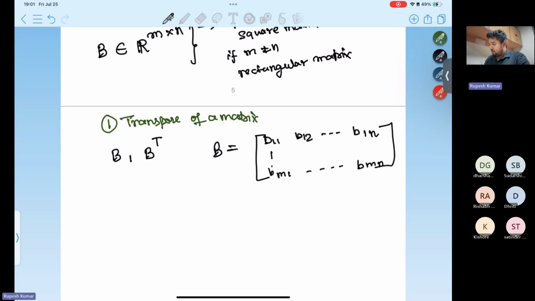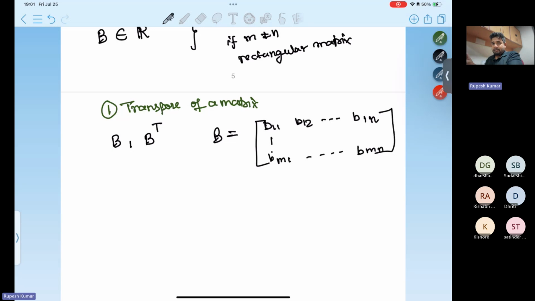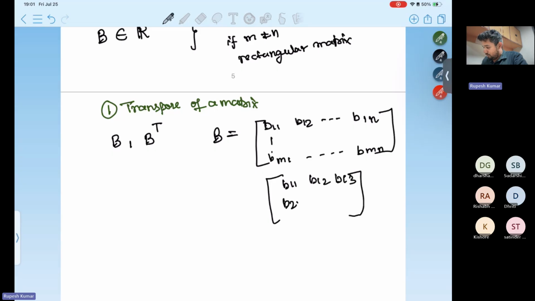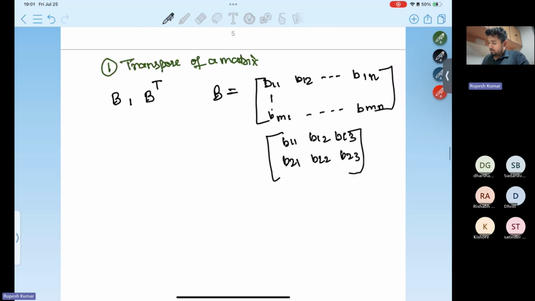So let's say this is our matrix B, any arbitrary matrix B. For example, for a 3 cross 2 matrix, you can write B11, B12, B13, B21, B22, B23. So basically, B is a matrix whose elements we can always access using indexes, so let's say by row and column number.